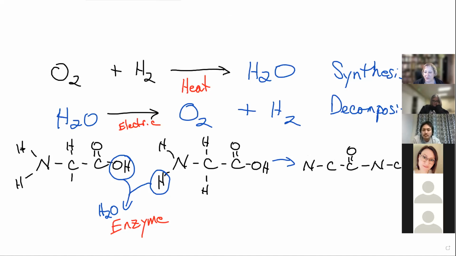So I've taken 2 smaller molecules and put them together. Sorry, I haven't given myself much room to write. And this is a special kind of synthesis reaction that we call a dehydration reaction, because I'm removing water.